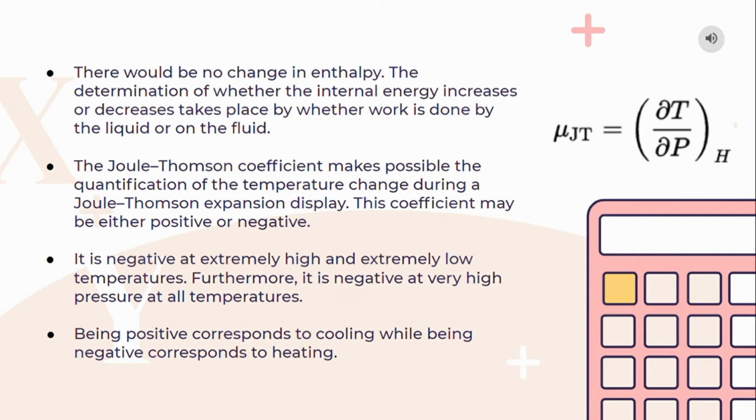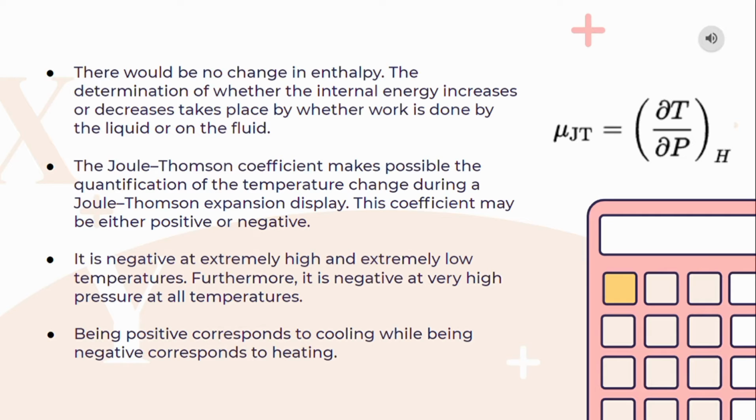The Joule-Thomson coefficient makes possible the quantification of the temperature change during a Joule-Thomson expansion. Furthermore, this coefficient may be either positive or negative. The coefficient turns out to be negative at extremely high and extremely low temperatures.